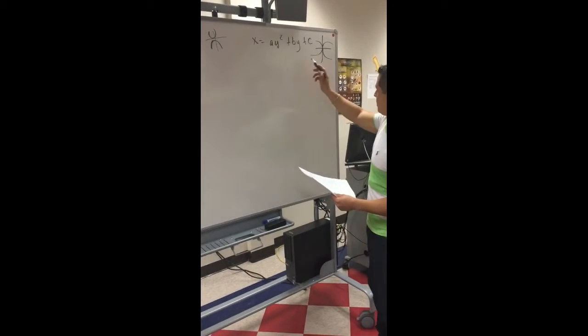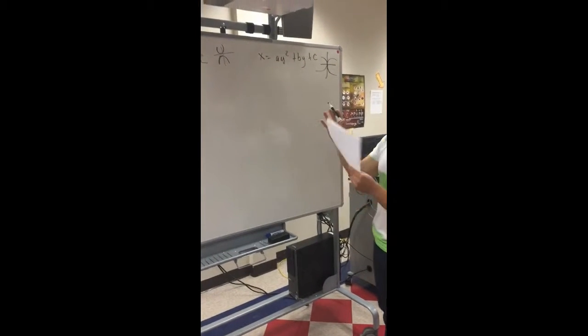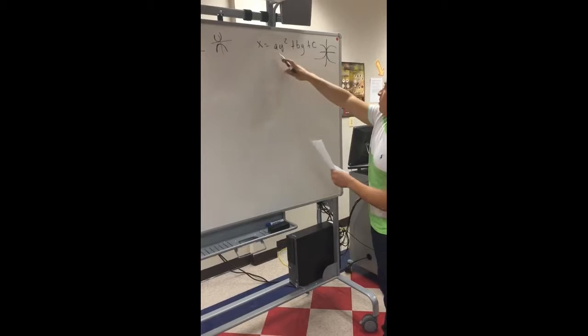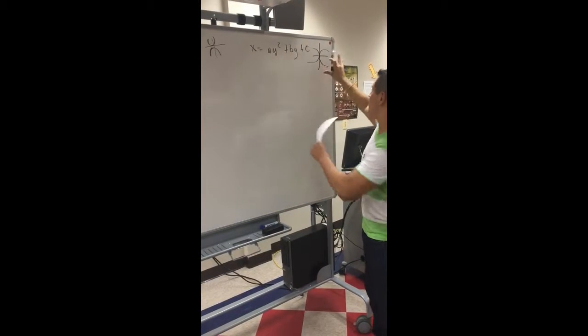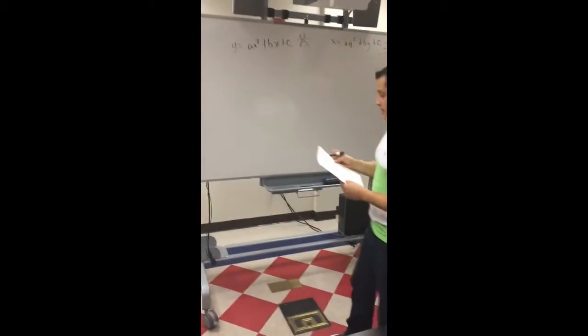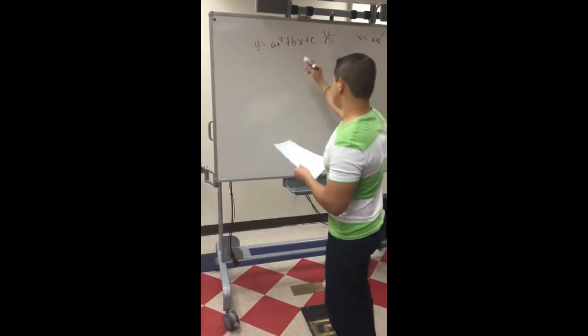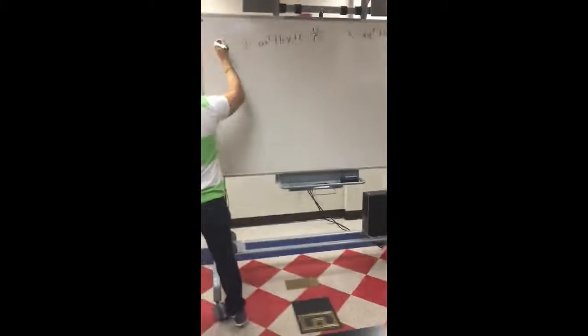If it's negative, it would open towards the negative side. If it's positive, such as in this case, it would open to the positive side. Now that is the general form of the parabola.